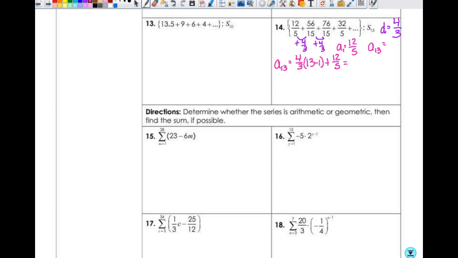I'm making my head hurt. No skipping. Yeah, what's the fraction, though? How about 236 over 15? Maybe, well, let me make sure that what I have on the paper is right.